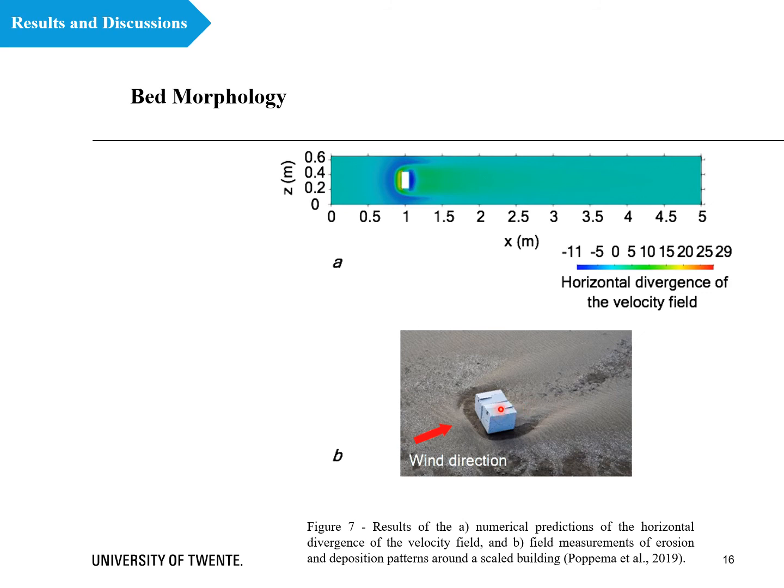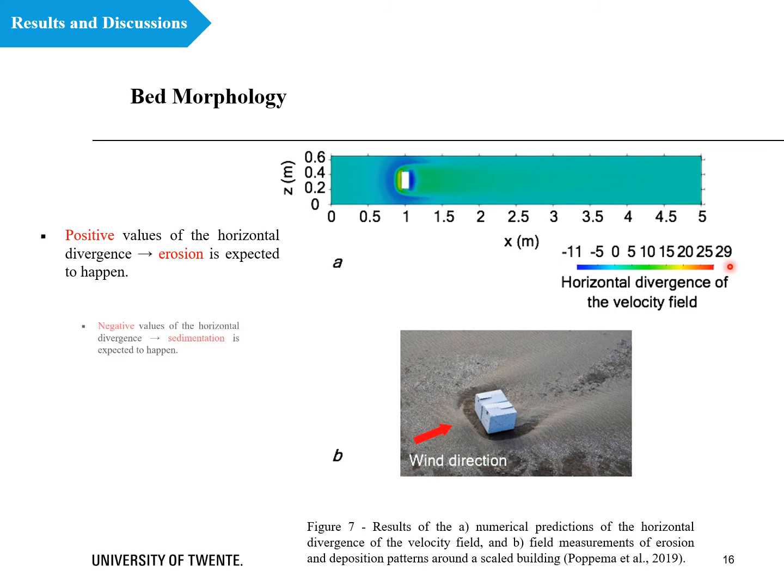When the values of the horizontal divergence of the velocity field are positive, it can be concluded that the rate of change of flow is outward and it is expected to see erosion at that point. On the other hand, the negative values of the horizontal divergence of the velocity field show that the rate of change of flow is inward and sedimentation is more probable to happen at that point.